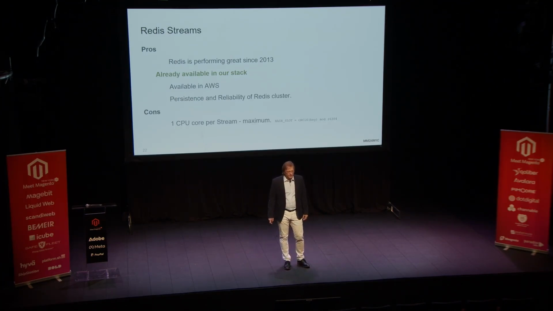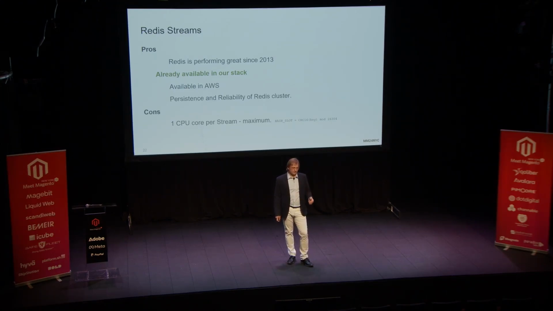So why pick Redis streams for this particular case? Because it's in our stack. We've been with Redis for a while. Redis has been in production since 2013. Since then it evolved, got upgraded, received those queues. The only downside I see so far for our current build is having only one CPU per thread, because the name of the queue defines where it will be stored.